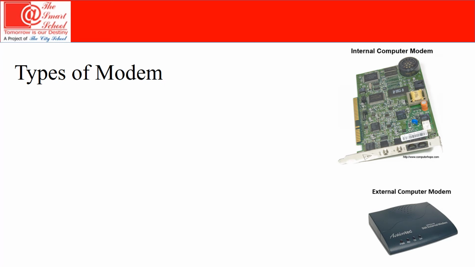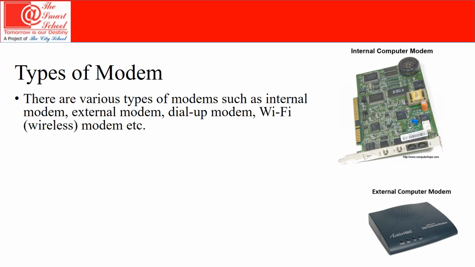There are basically two types of modem, internal computer modem and external computer modem. These are the pictures of internal computer modem and external computer modem. An internal computer modem is placed inside the CPU box, whereas an external computer modem is placed outside the computer.